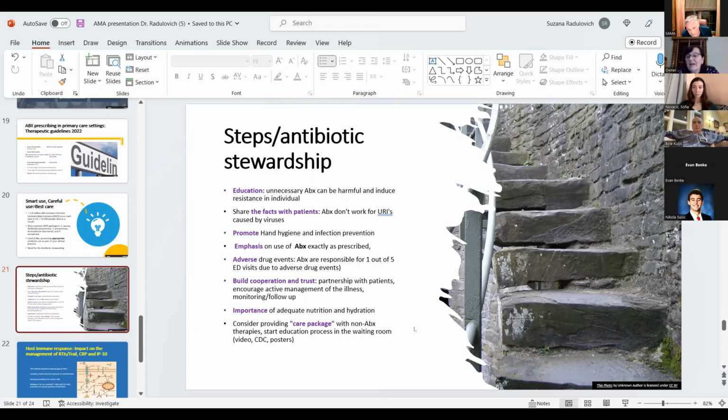Okay, so if I look at the top prescribed drugs in the outpatient setting, and I did some research, first is Z-Pak and then Cefdinir. We all know that we are then facing gastro problems, diarrhea, abdominal pain, adverse reactions.